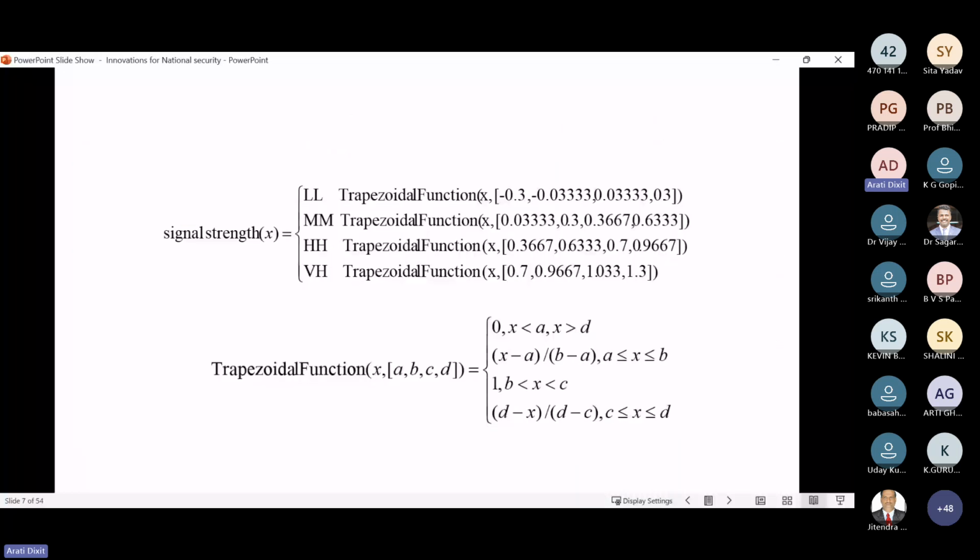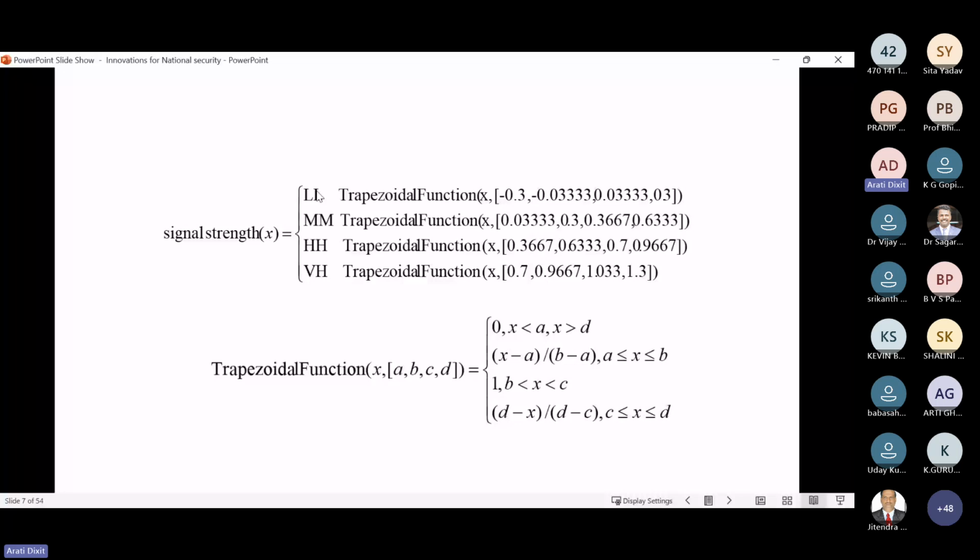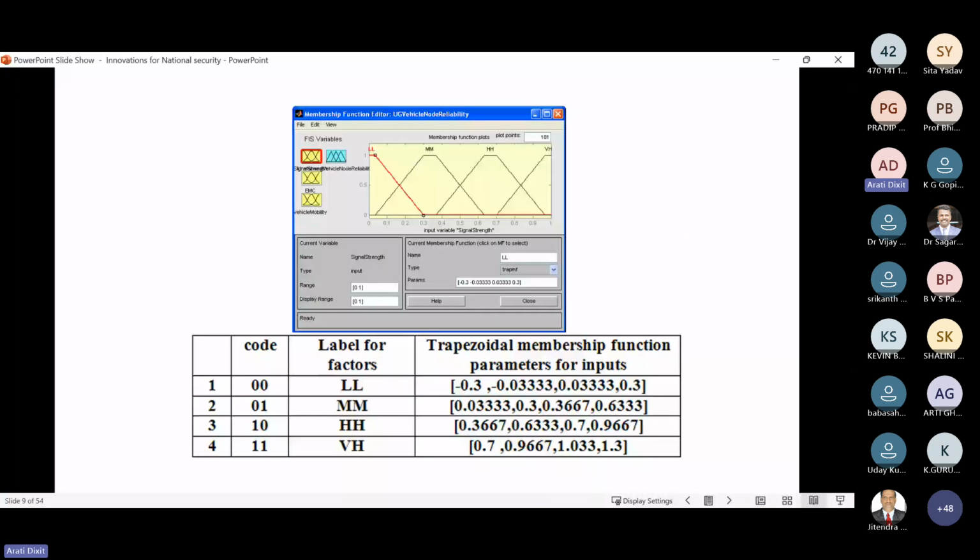So let me go a little bit deeper into signal strength, for example. Signal strength can be defined in the range of these 4 possible values. And these are different ranges for lower, medium, higher, and very high values. And we developed a fuzzy node reliability model here, and four factors are used, and these are the membership function parameters for them.